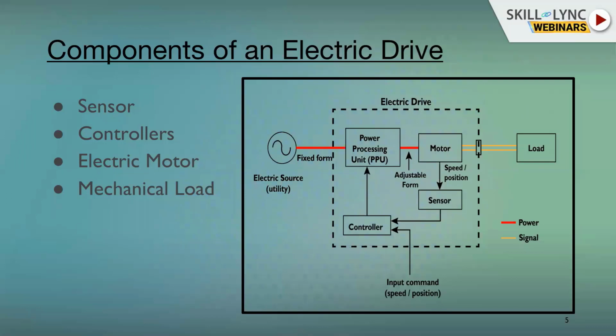This figure is important because as we go ahead, you can tie it to the different aspects that I'm going to talk about in terms of what are all the various cross-functional areas that are applicable to the development of an electric drive. As we go ahead, you will understand how they all come together.